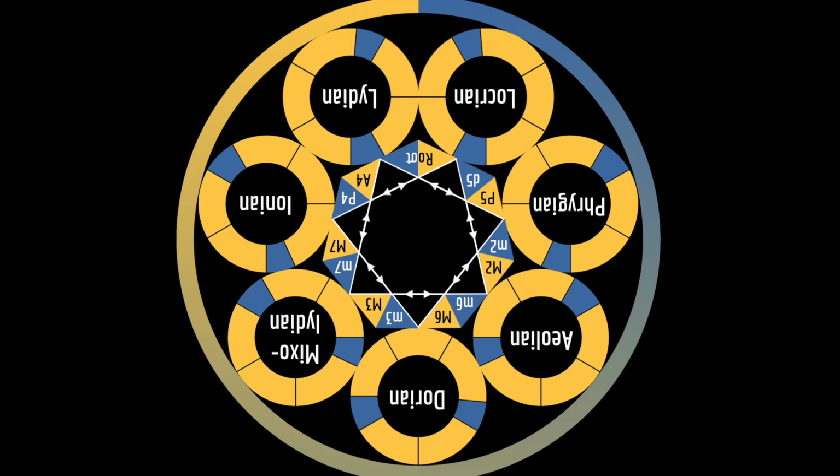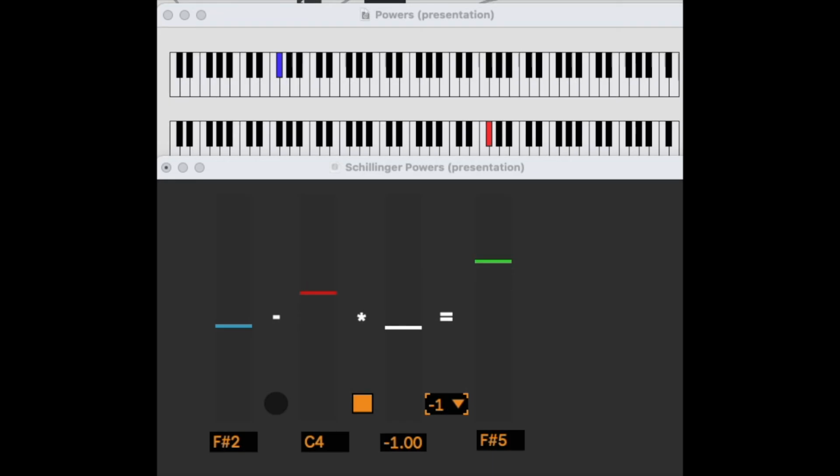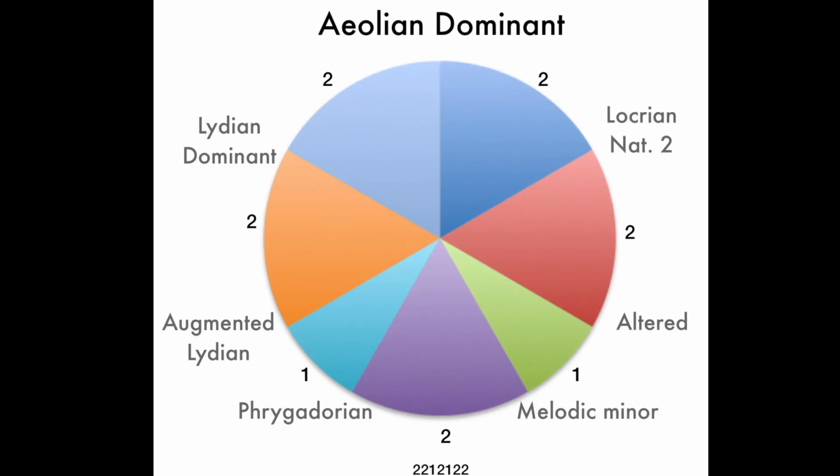And of course all of its modes also. There are other palindromic scales like the Aeolian dominant, which brings us into the acoustic world of melodic minor and Lydian dominant.